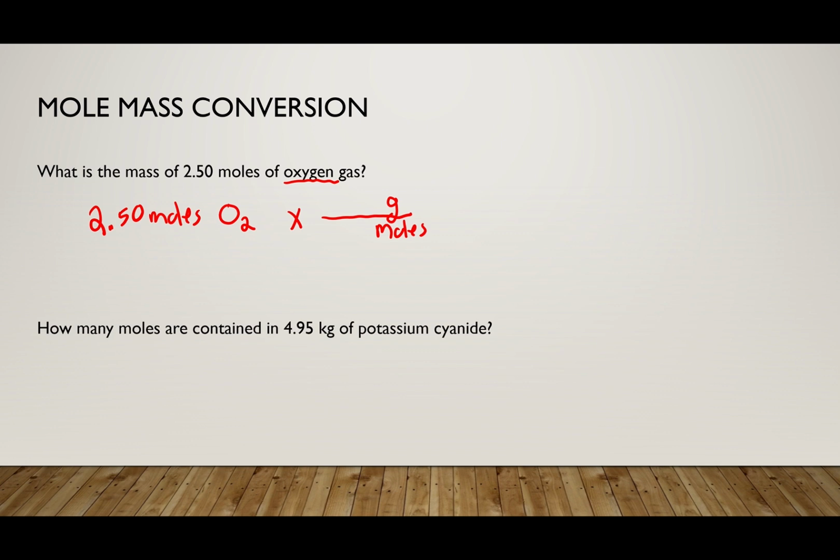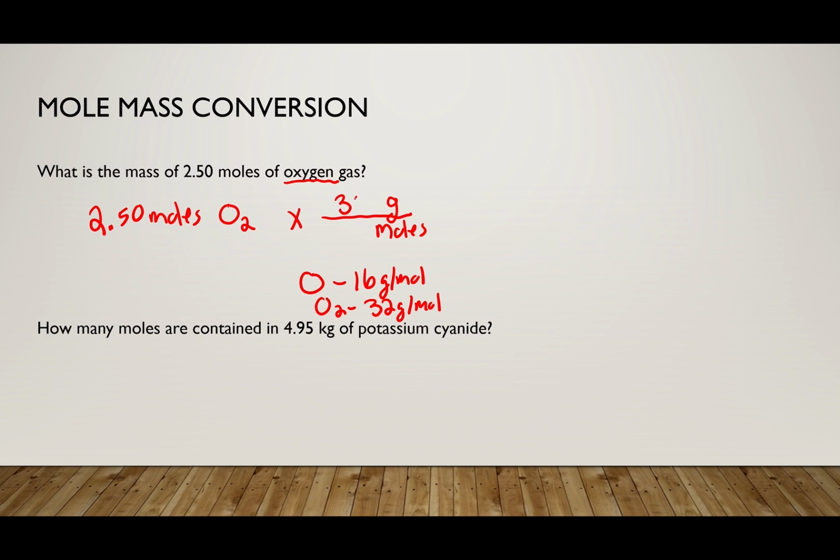Since we're dealing with grams per mole, that is molar mass. And molar mass refers to the grams in 1 mole. These are values that can be taken straight from the periodic table. Since oxygen has a molar mass of 16 grams per mole, O2 would have a molar mass of 32 grams per mole.